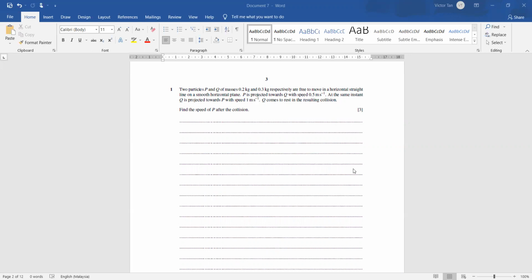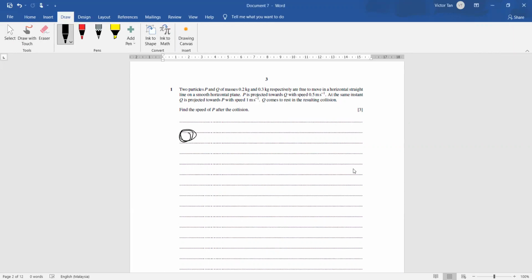Like in all mechanics questions, it is best to draw out your problem so it's easier to solve. 0.2, 0.3.